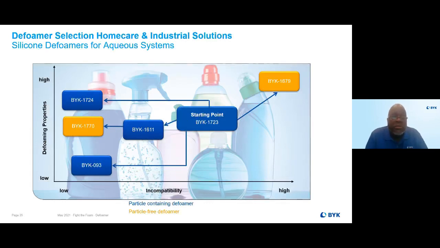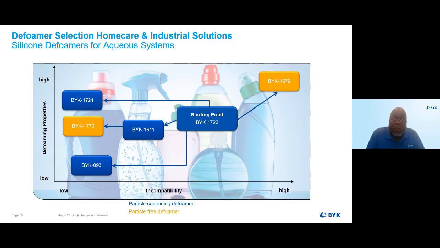And here on this selection chart, the use of silicone defoamers in aqueous systems. As you can see, the starting point formulation would be a recommendation for 1723, because what you're looking for is you want high defoaming properties, but you also need high compatibility.